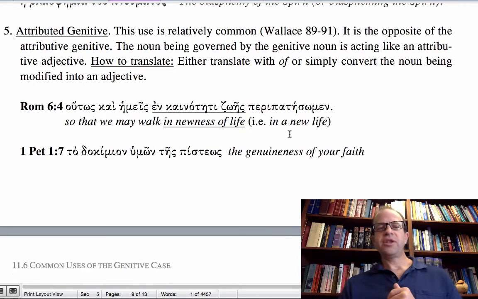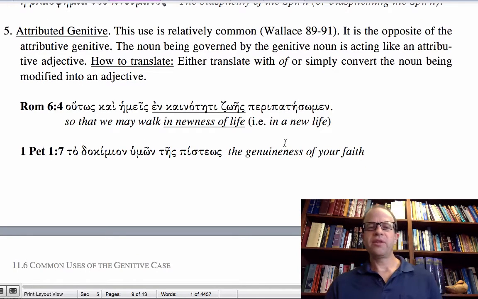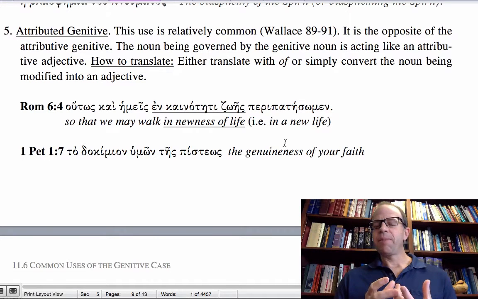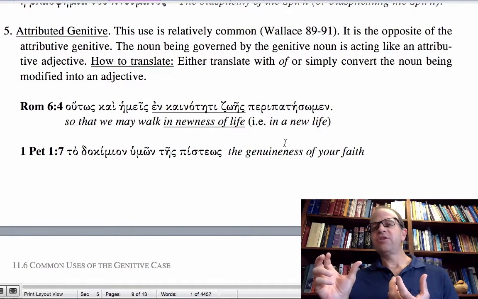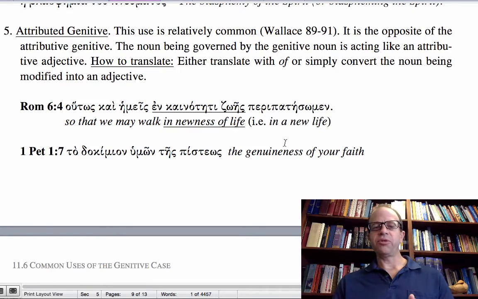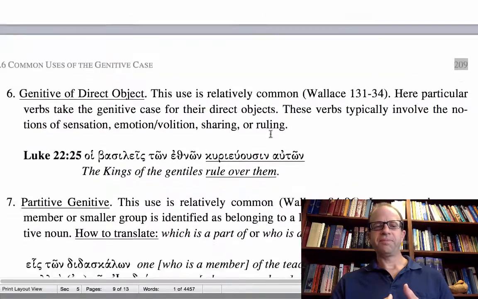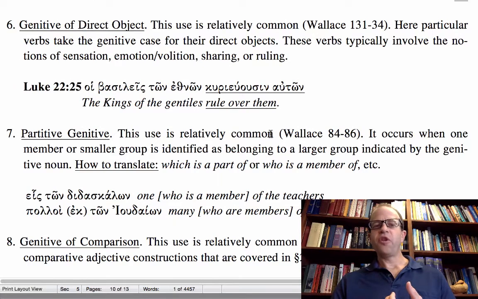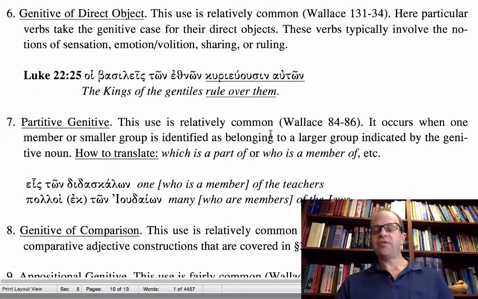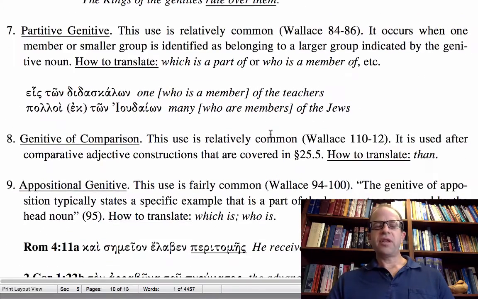Now, the attributed genitive is when the genitive noun is actually the main idea, and the head noun is translated like an adjective, and you can see the examples there. Now, some verbs will take the genitive case as the direct object, and so that use is simply called the genitive of direct object.